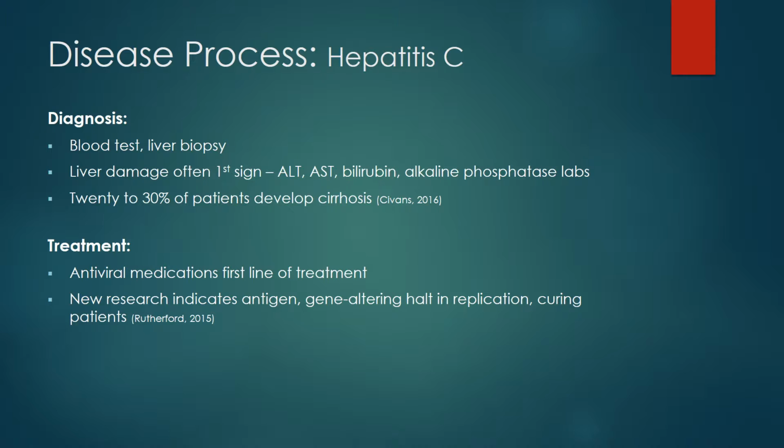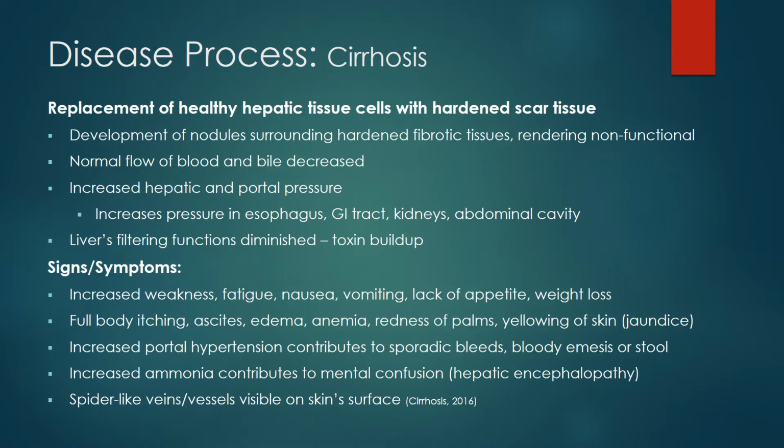Therefore, they're altering the DNA of the hep C virus itself, and so it's unable to continue to reproduce, thus curing the patient. So once the flare-up or the acute stage of it is taken care of, they can then stop it from going any further, eventually curing them. But that's not as widely seen yet. It's kind of a new thing.